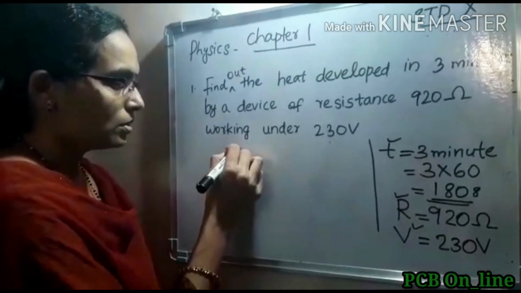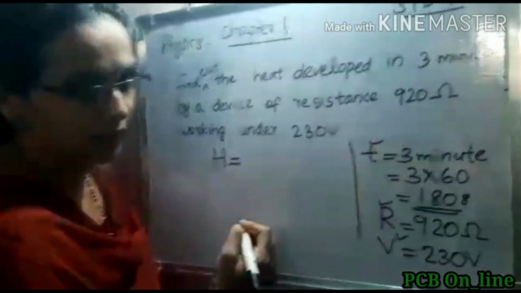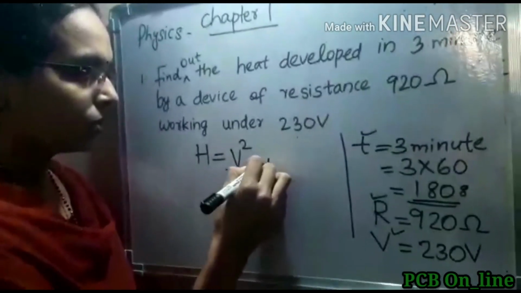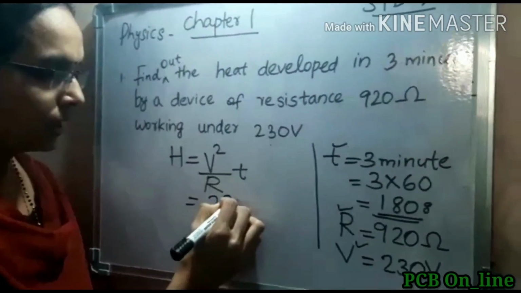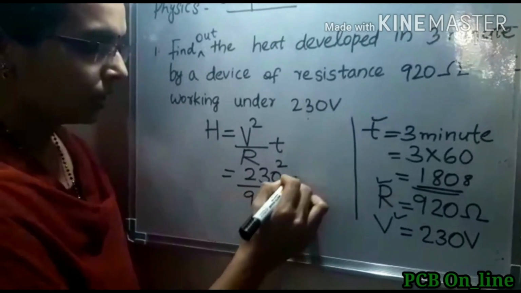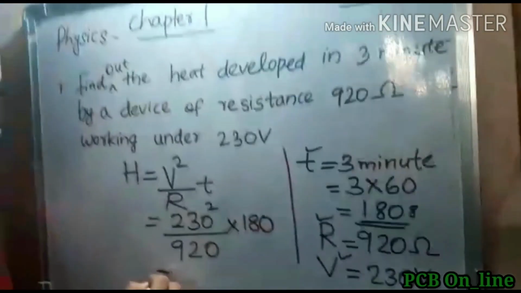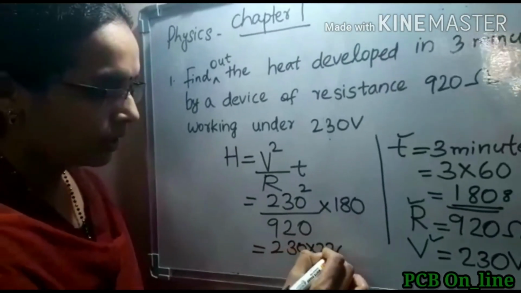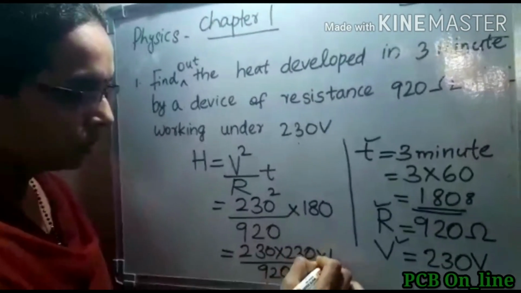So, we have to use the equation involving V, R and T. That is V square by R into T. That is equal to 230 square by 920 into 180. That is equal to 230 into 230 divided by 920 into 180.